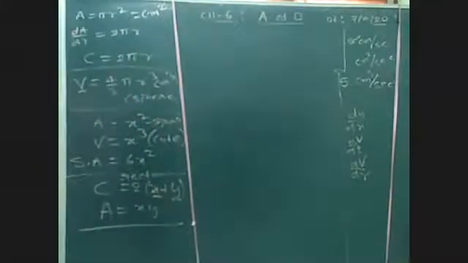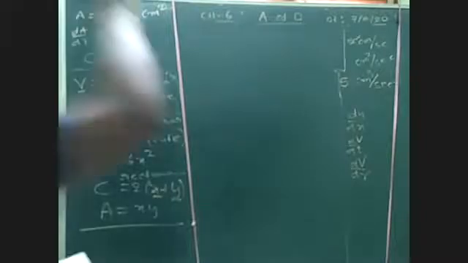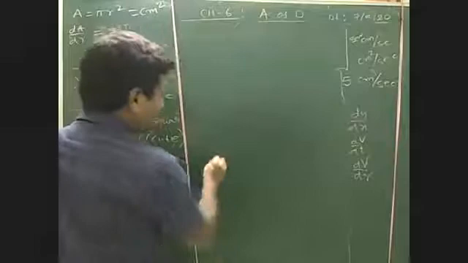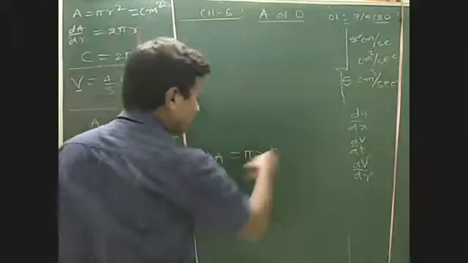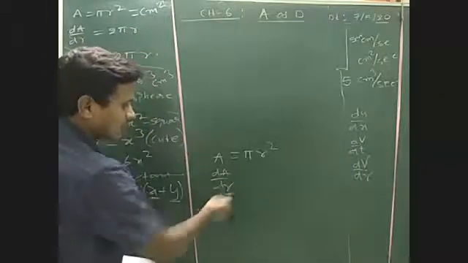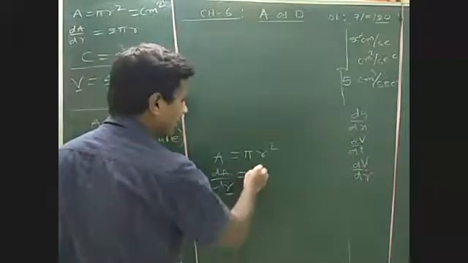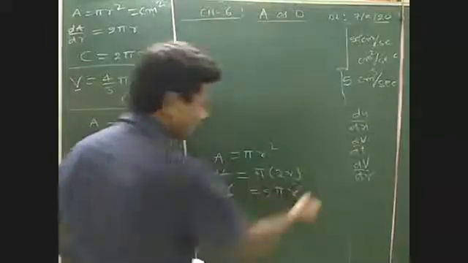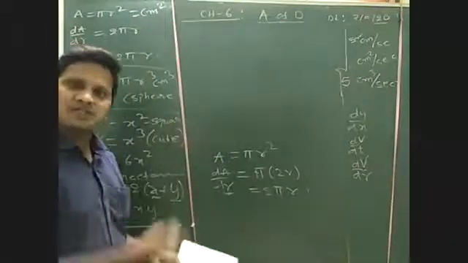Nothing but what is the rate of change of the circle's area with respect to radius. Okay, so area is given by pi r square. With respect to radius means dA by dr, which is equal to pi into 2r. That is, we get 2 pi r. That's it. If it is an objective question, we can write directly.